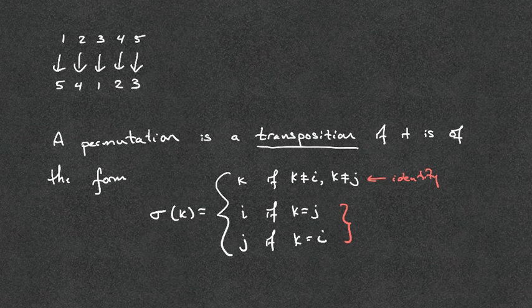If we put in j, it's going to return us i. And so in essence, this thing just swaps our i and j values. So a transposition is really just a simple example of a permutation where you're only swapping 2 particular values.